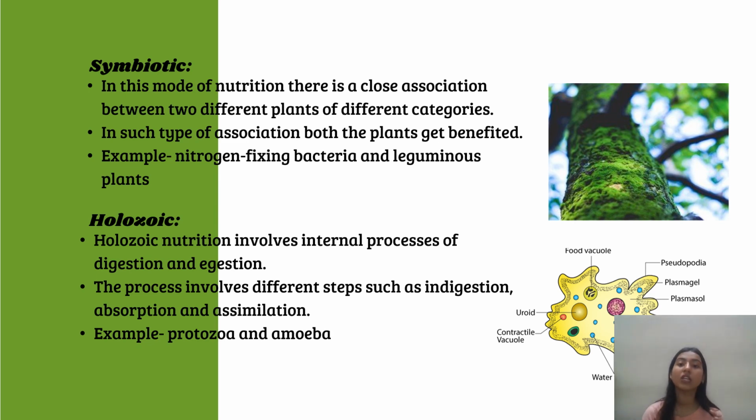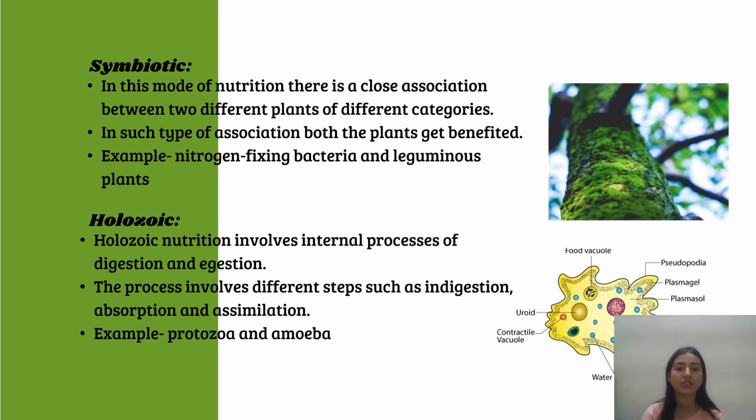And when the leguminous plants are preparing their food and transporting it to other parts of the plant, they are also transporting it to the roots, through which the nitrogen fixing bacteria is taking its nutrition. So both the parties are getting benefited. In this mode of nutrition, there is a close association between two different plants of different categories. In such an association, both the plants are getting benefits.